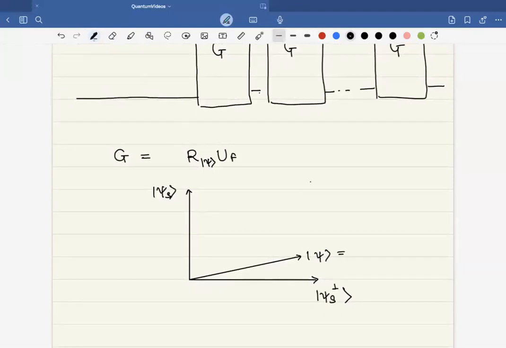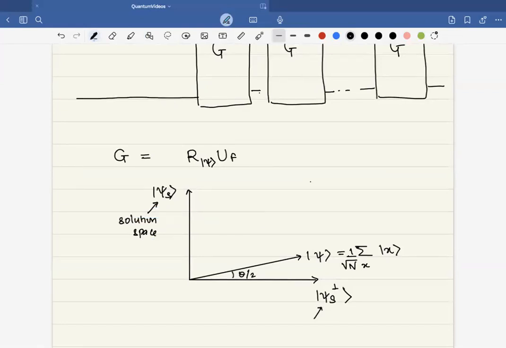So this is equal to 1 over square root of n, summation over x. And then we have the two-dimensional subspace spanned by these two vectors, where this vector is the solution space, and this is another superposition of vectors that are not in the solution space. And we have this theta over 2.